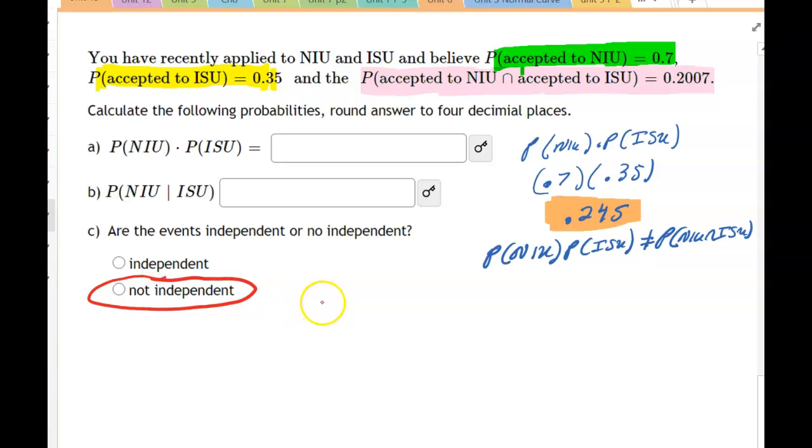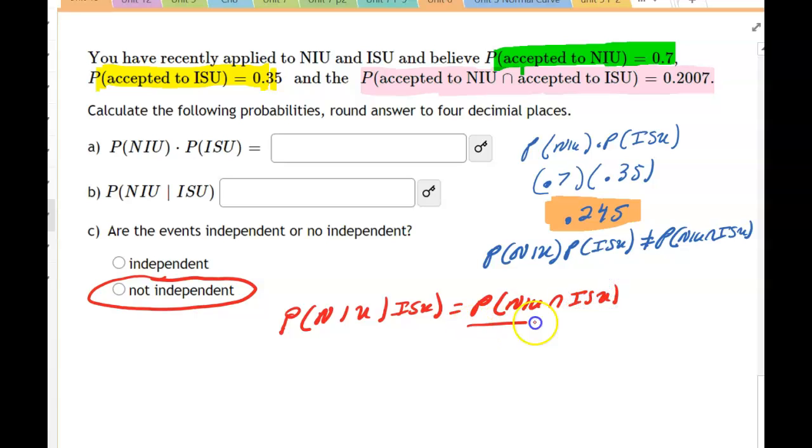However, there is a second way you could do this problem. If you were to calculate Part B, the probability of NIU given Illinois State, that's equal to the probability of NIU and ISU over the probability of ISU, which is equal to 0.2007 over 0.35.